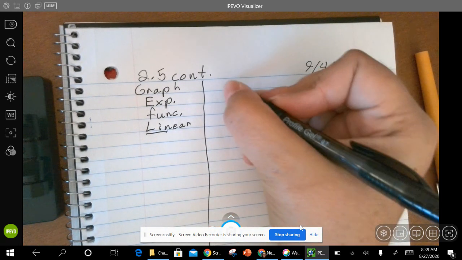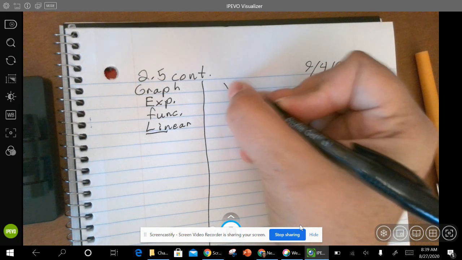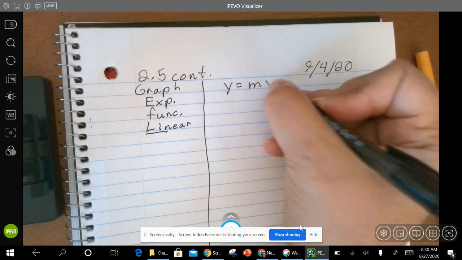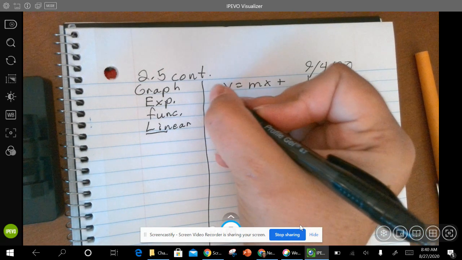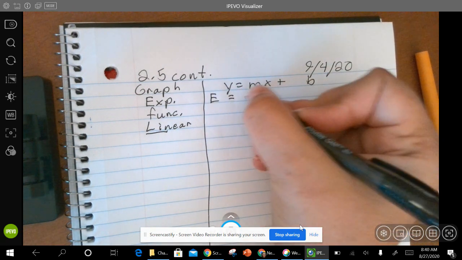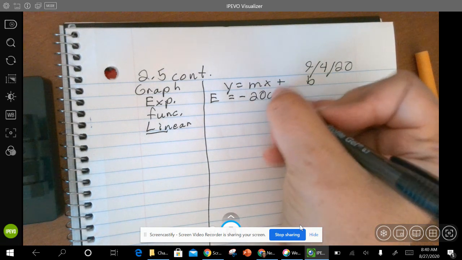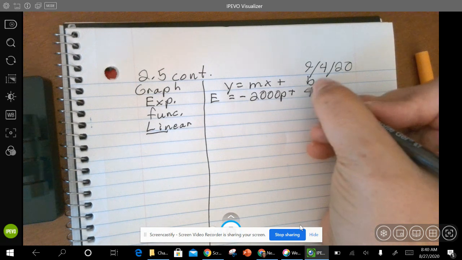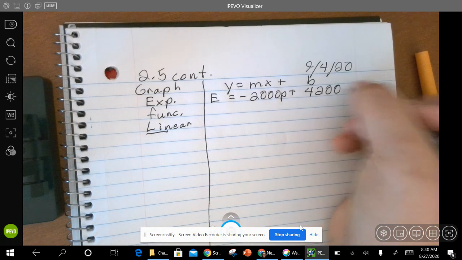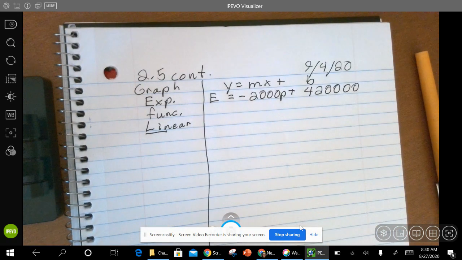So we're going to have y is equal to mx plus b. So we have expense is equal to negative 2,000p plus 420,000.